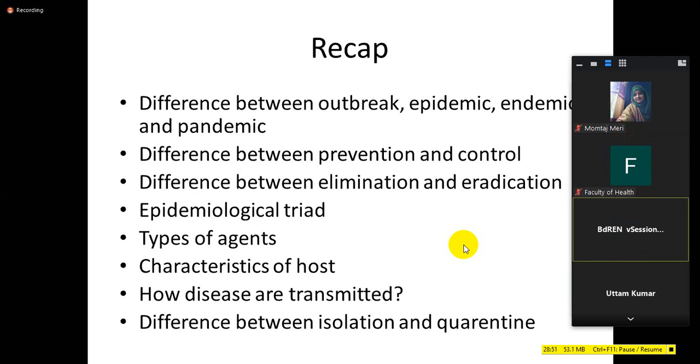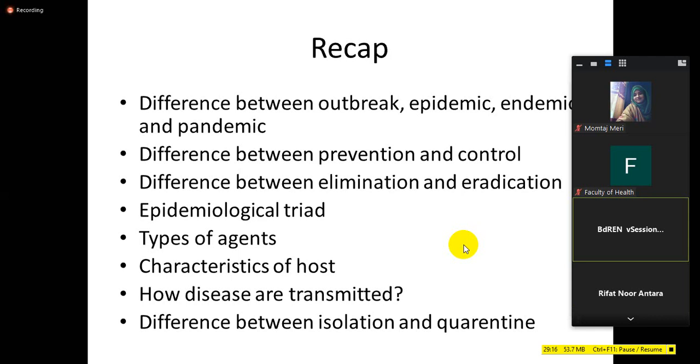Okay. So another important terminology is isolation and quarantine, especially when we are dealing with COVID infection. Isolation means you have to keep the person who is having the infection in a separate place where no other people will be allowed. That is isolation.